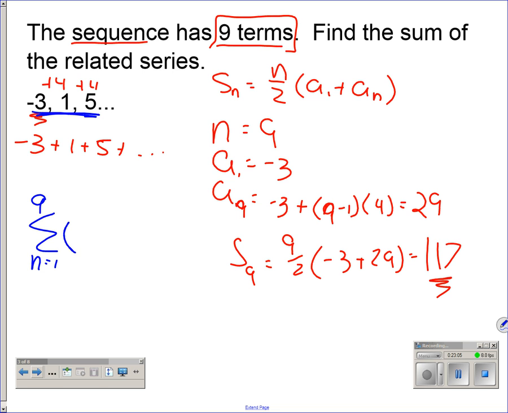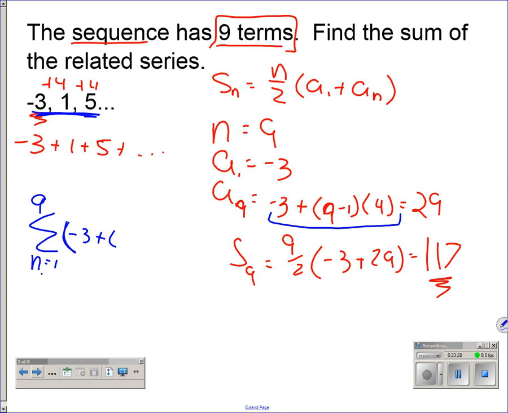Now remember what I said, inside sigma notation, you always put the explicit formula. Since this is an arithmetic pattern, we put the explicit formula for arithmetic sequences, which we've been practicing, and we already wrote it right here, basically. It's our first term, -3, plus n minus 1.